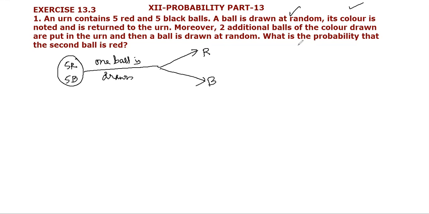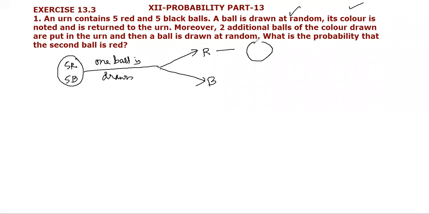Two additional balls of the same color are put in the urn, and then a ball is drawn at random. So two more balls of the same color. If red comes, then two red balls will be added here.